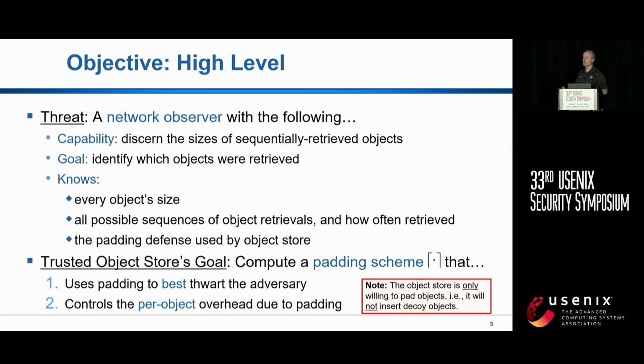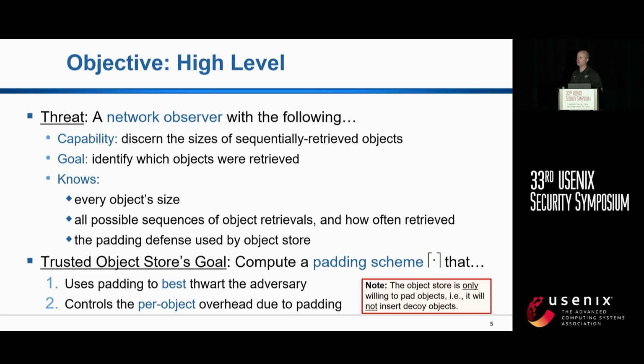So in words, this threat is the network observer that is able to discern the object sizes of sequentially retrieved objects, and its goal is to identify which objects were retrieved. We assume that it basically knows everything about the object store, knows the object sizes, knows what possible sequences there are, also knows the distribution perhaps on those sequences, and also knows the padding defense that the object store is employing.